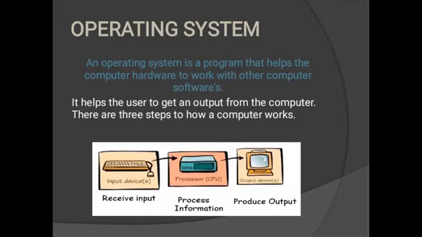Keyboard receives the input, and CPU processes information, and monitor produces output. So there are 3 steps: input, processor, and output.